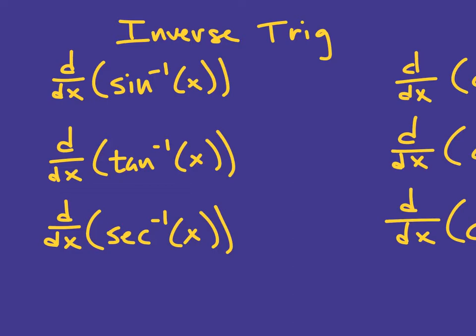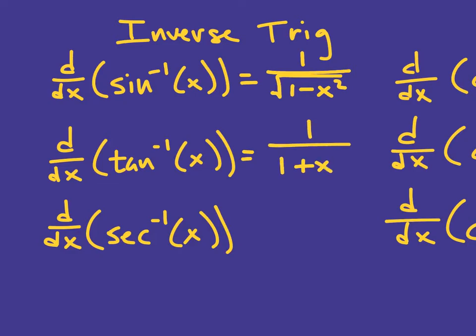The derivative of sine inverse is going to be 1 over the square root of 1 minus x squared. The derivative of tangent inverse is simply going to be 1 over 1 plus x squared. The derivative of secant inverse is 1 over the absolute value of x times the square root of x squared minus 1.